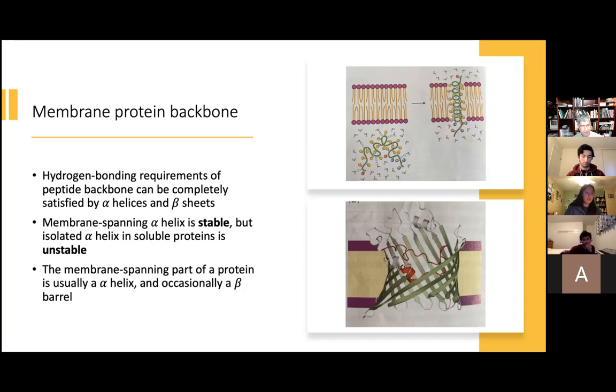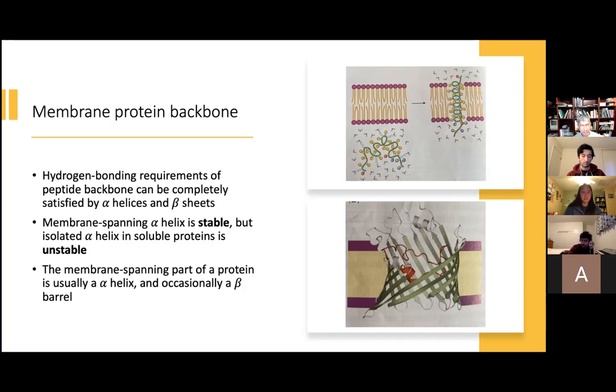And the point is that this can only be done by folding into alpha helices and beta sheets. So this means that membrane spanning alpha helices are pretty stable on their own, but in contrast, isolated alpha helices in soluble proteins, or in soluble environments in general, are unstable and need interaction with other protein elements.